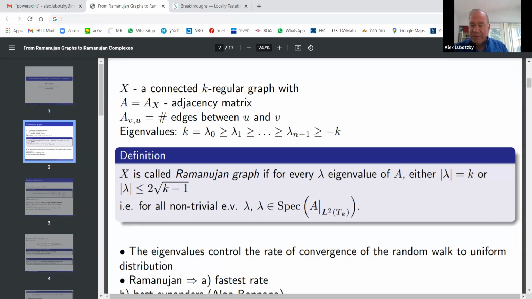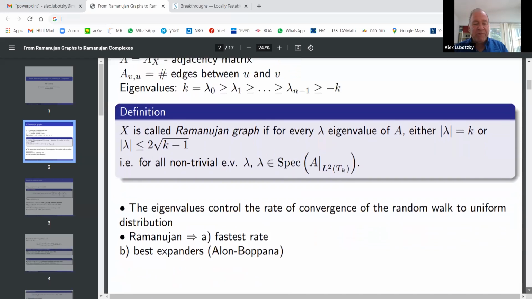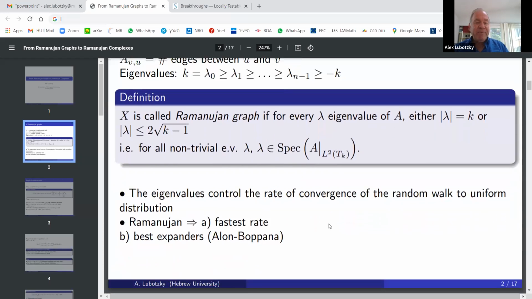The importance is really coming from the following fact, a standard exercise in Markov chains: if you go on random walks on a graph, the eigenvalues control the rate of convergence of a random walk to the uniform distribution. And Ramanujan graphs are those graphs for which we get the fastest possible convergence.